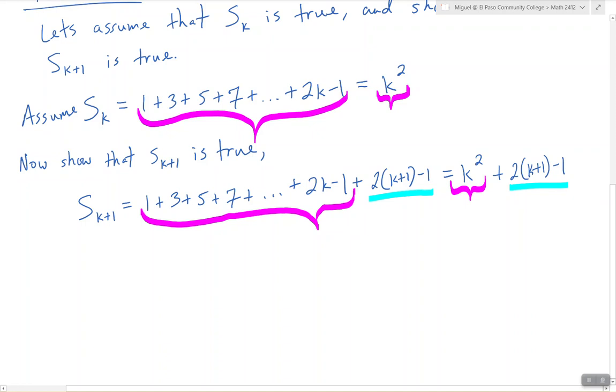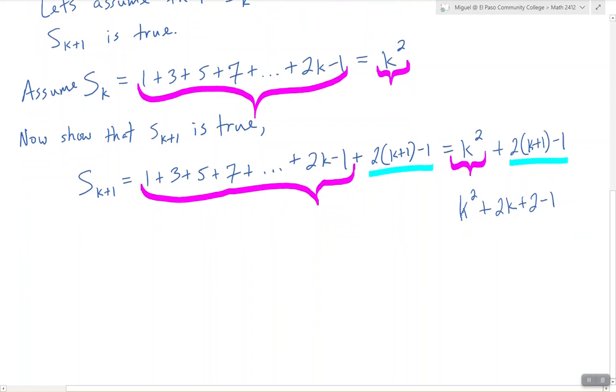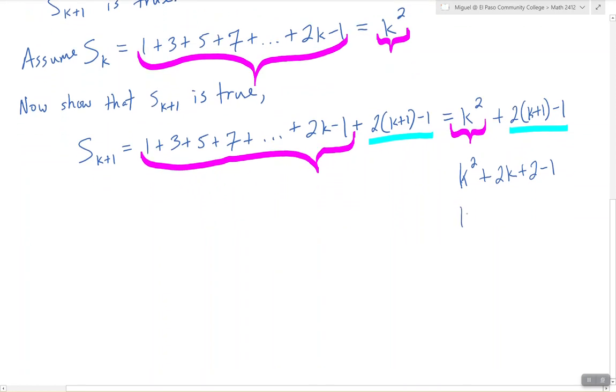So first, let's expand this on the right side, which is k squared plus 2 times k plus 2 times 1 minus 1, which is k squared plus 2k plus 1. And if I factor this, I would get k plus 1 squared.